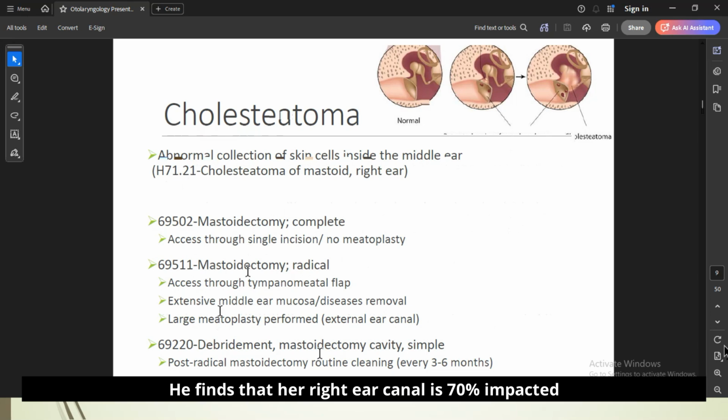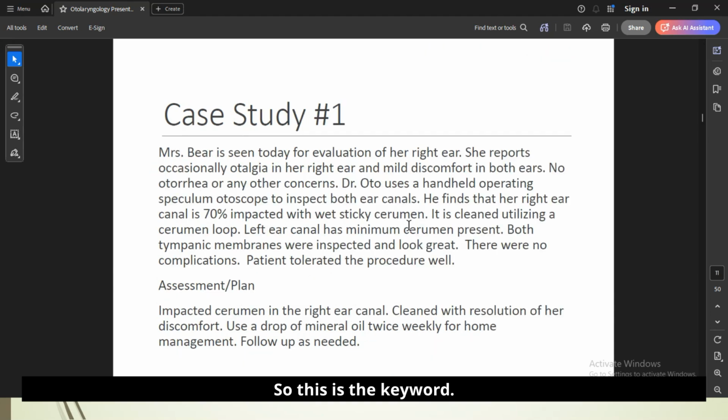He finds that her right ear canal is 70% impacted with wet sticky cerumen. So initially we learned cerumen impaction, correct? So this is the keyword, impacted with sticky cerumen. It is cleaned utilizing a cerumen loop. The left ear canal has minimal cerumen present. Both tympanic membranes were inspected and looked great. There were no complications. Patient tolerated the procedure well.